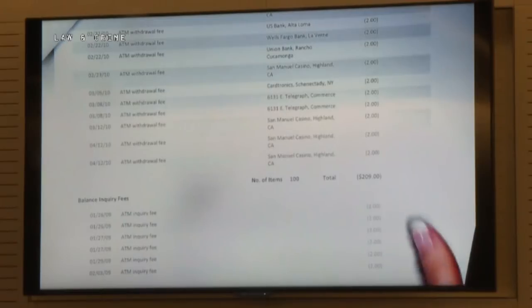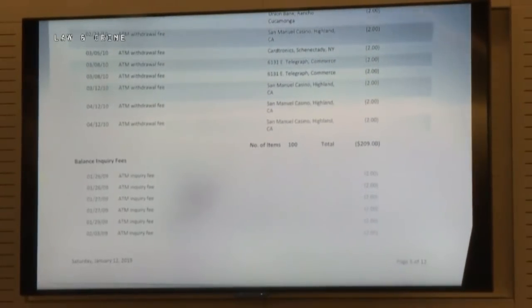And as you were going through, did you also notice, you indicated that there were some bank inquiry fees that start at the bottom of that page. Do you recall that? Yes, and these are basically, if you went to the ATM machine to just inquire as to what your balance is, there still is a fee oftentimes.